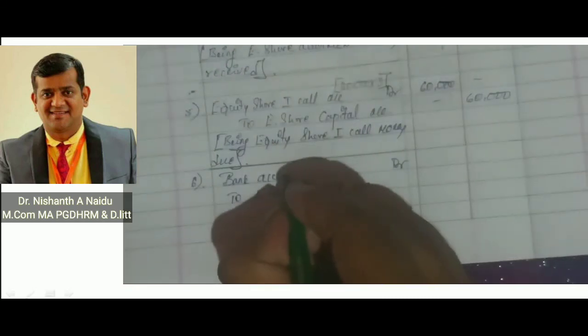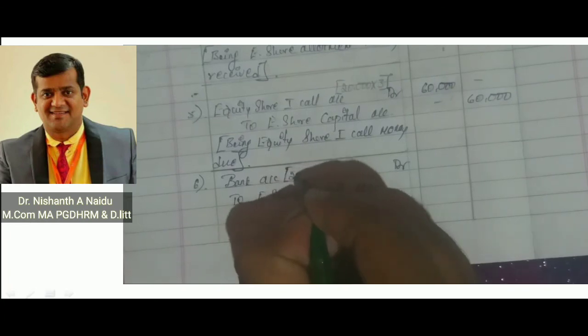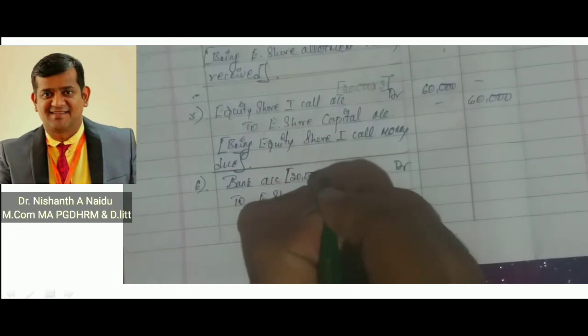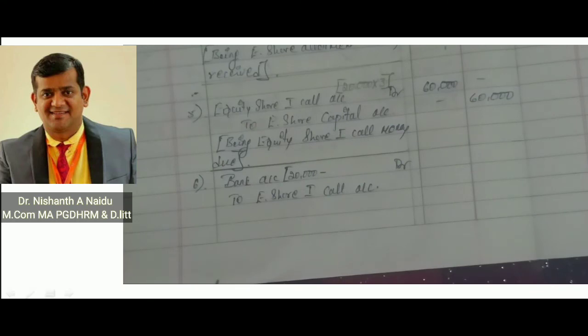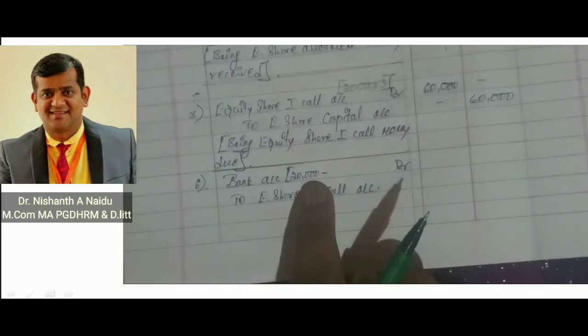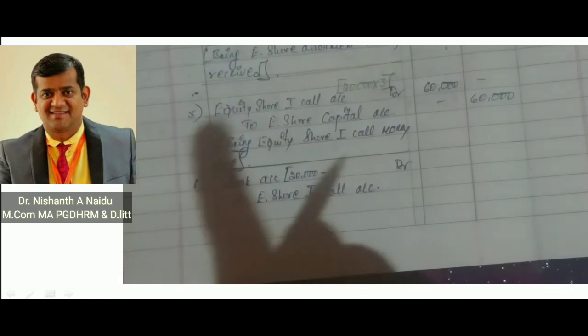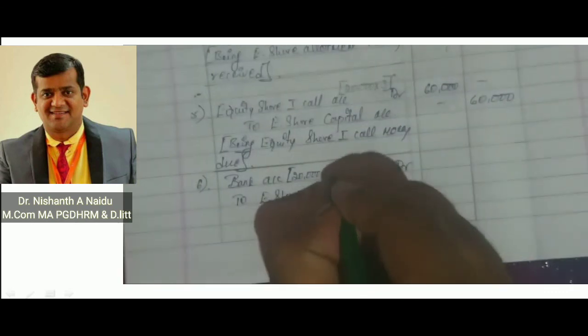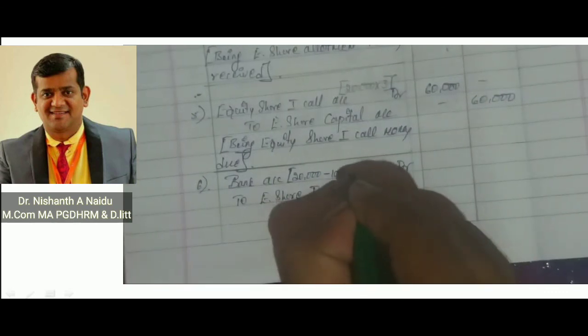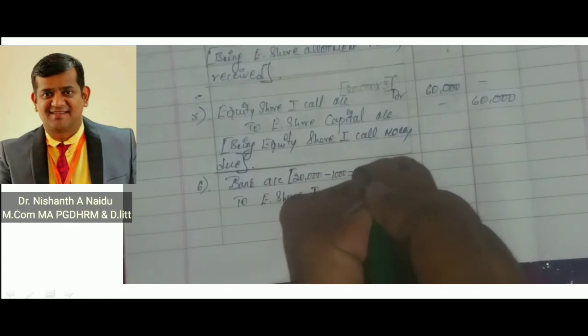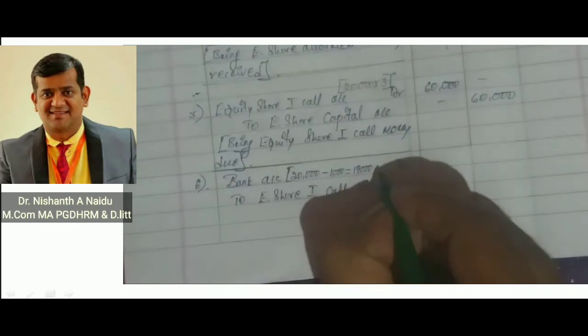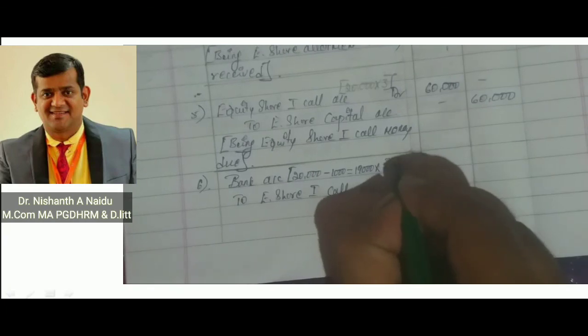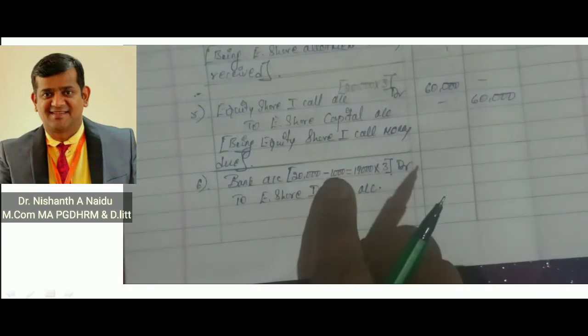The actual number of shares the public applied for is 20,000. Out of this, the 1000 shareholder has not paid the first call money. So you deduct the 1000.